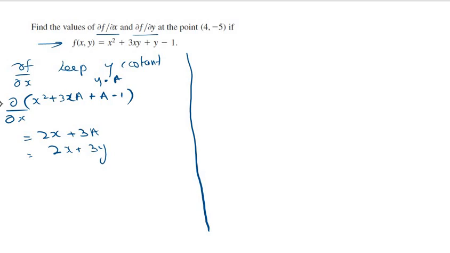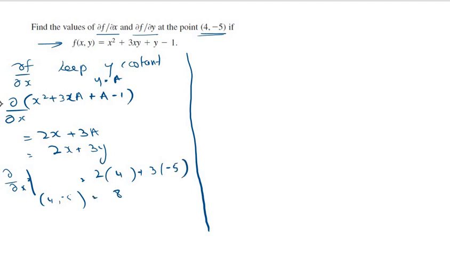And they also want the value at the point (4, -5). So the partial derivative with respect to x at the point (4, -5) would be 2 times 4 plus 3 times minus 5.